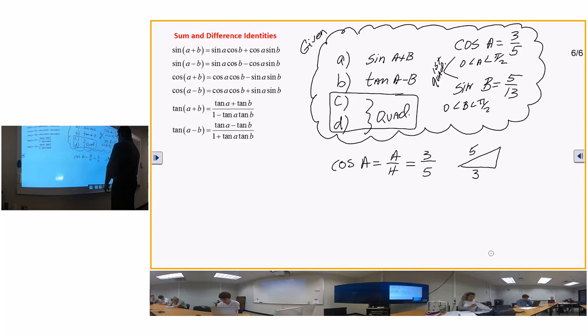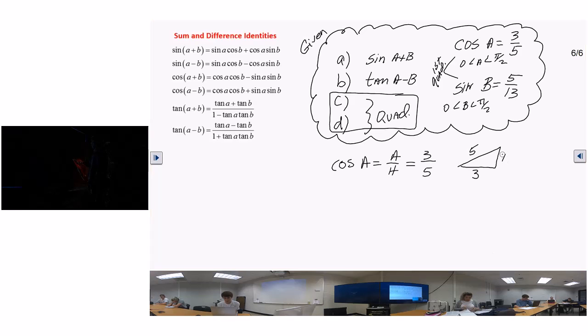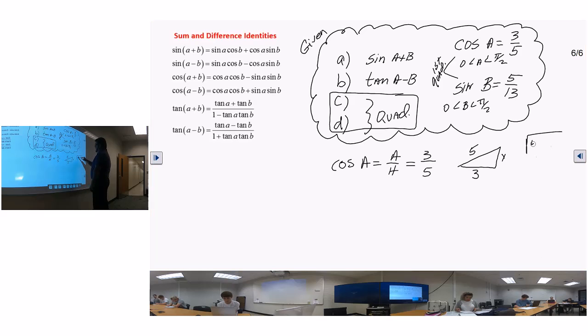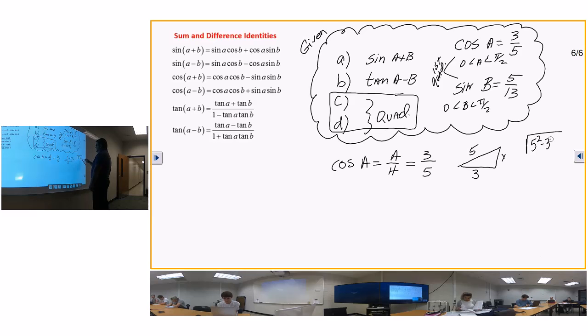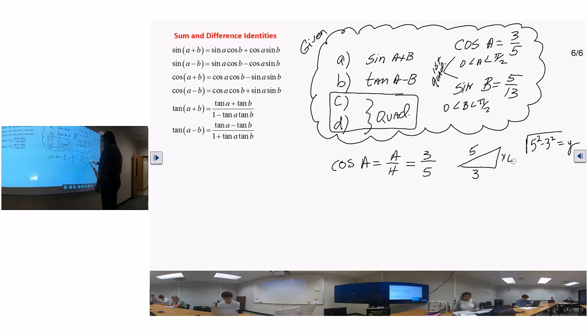So therefore, the square root of 5 squared minus 3 squared is equal to, we'll put y here, okay? So the square root of 5 squared minus 3 squared is equal to y. And 5 squared is what? 25 minus 9 is 16. The square root of 16 is what? 4. So y is equal to 4.